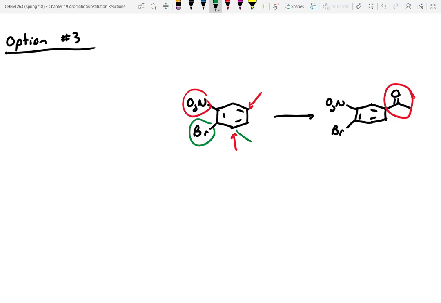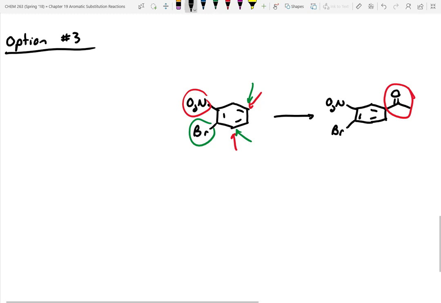The bromine we know is going to be ortho or para. And students would say, well, if you think about sterics, maybe it will install at the correct position. You guys think that's the case? Why not? Anybody want to share a theory or idea?